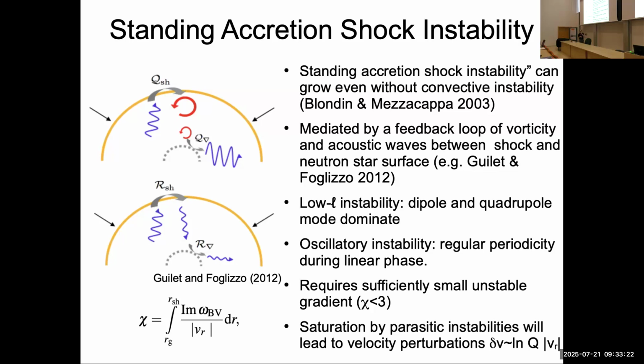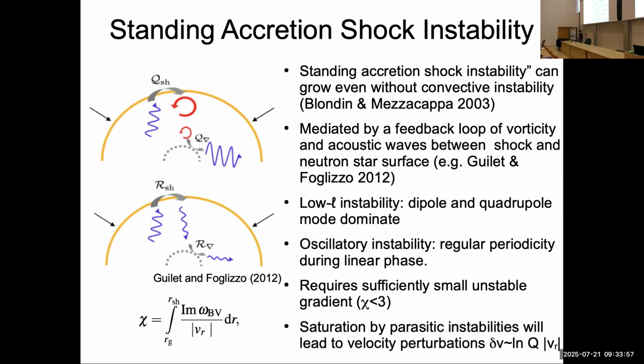One interesting thing about the standing accretion shock instability is that it has a definite spectrum, so it grows with a very definite periodicity, which is again something that you can then potentially look for in gravitational waves and think what this might tell you about the supernova core environment.